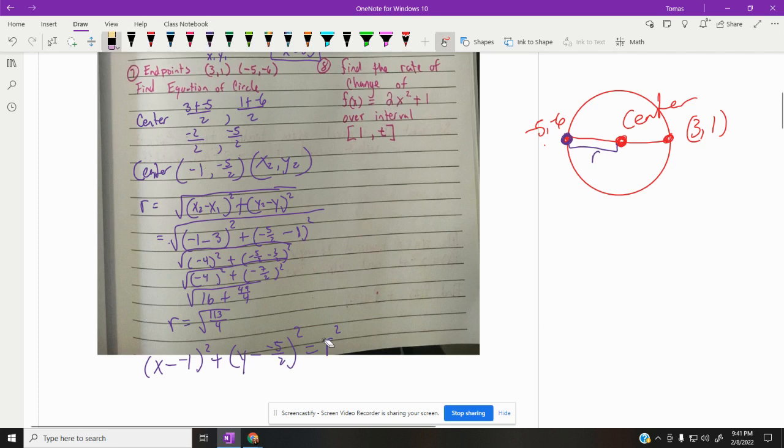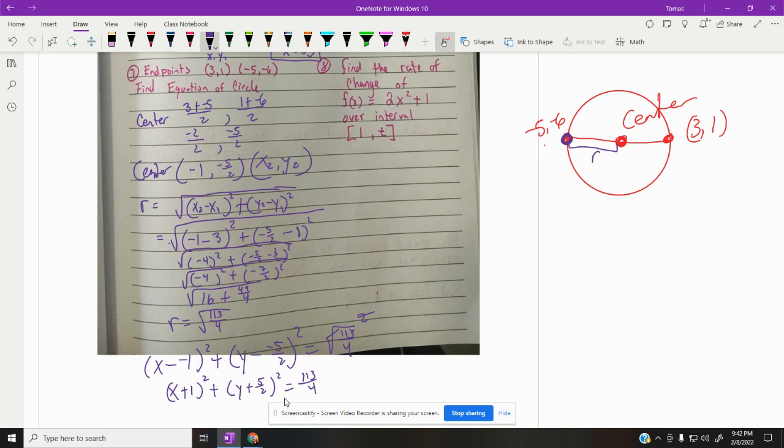So let me just kind of erase that. So it'd be this squared. So now we could simplify. This becomes x plus 1 squared, y plus 5 over 2 squared. And then the square root and the square cancel, leaving us 113 over 4.